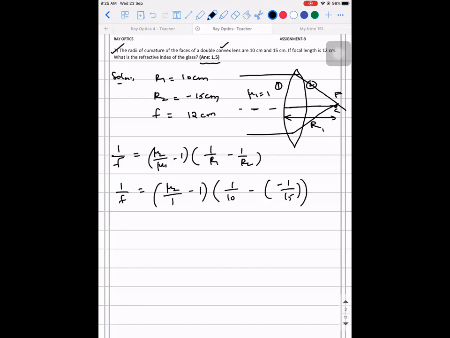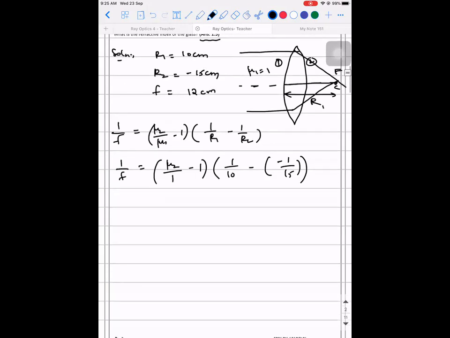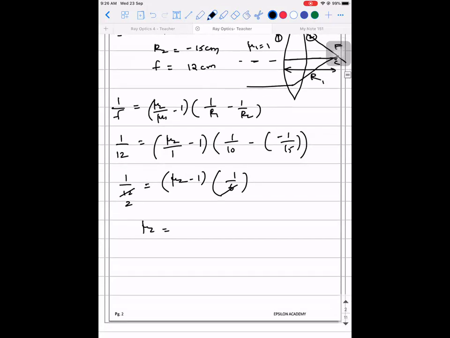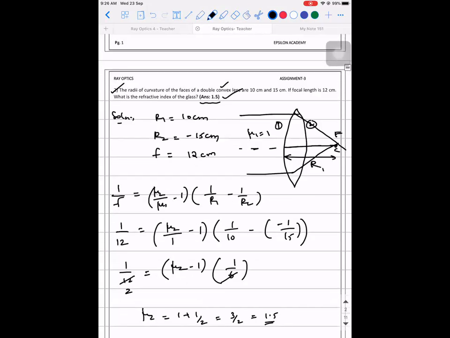So 1 by 10 plus 1 by 15, what is it? It is 25 divided by 150, which is 1 by 6. Oh, I didn't substitute f. f is 12. So 1 by 12 is equal to mu2 minus 1 into 1 by 6. I hope you're able to understand. This is 2, so mu2 is equal to 1 plus half. How much is it? 3 by 2, which is exactly 1.5. That is the refractive index.